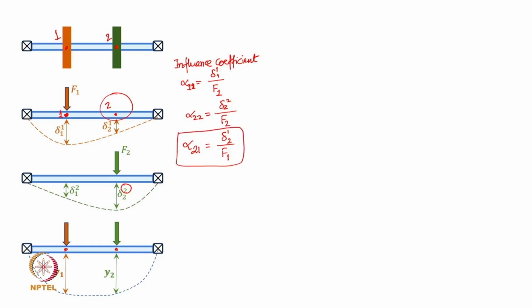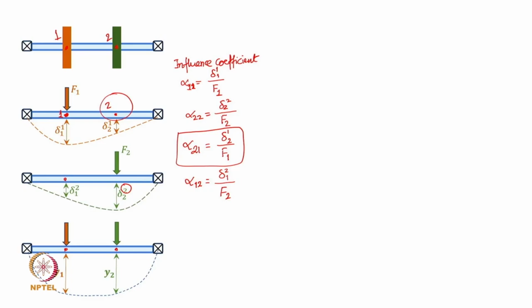And obviously, similarly, alpha 1 2 gets defined as delta 1 due to the force F2. Okay.